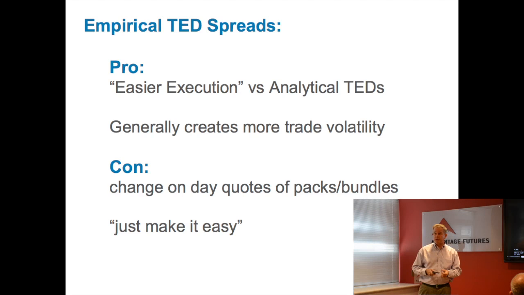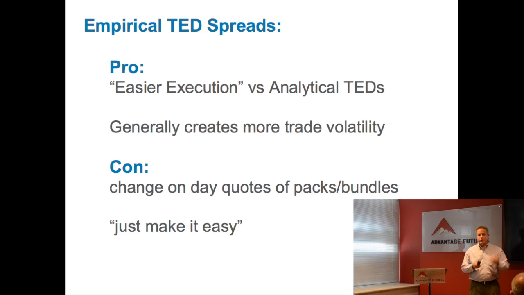If you want to move to the empirical TEDs, which are more fun, they're easier to execute. You don't have to worry about each one of those individual pieces. They generally, as Fred was saying, if you remember that correlation chart, create more volatility, so you have more things to trade. There's more places along the curve to trade. You can trade the lemon TED, an example of the 2-year, where you can trade, say, the 3-year versus the red pack, which is kind of like a lemon TED, but using the cash 3-year if you have access to the on-the-runs.